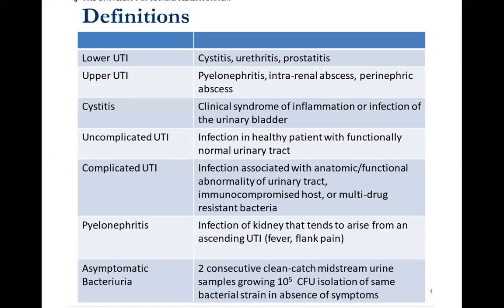In other words, if the urinary tract is functionally normal and you get an infection, that is called an uncomplicated UTI. Sometimes people say that, classically, if a female gets a cystitis in the absence of any other risk factors or underlying problems, that is called a simple cystitis, simple or uncomplicated UTI.